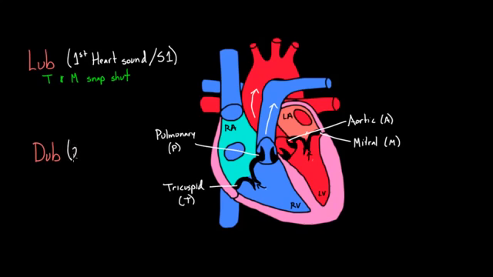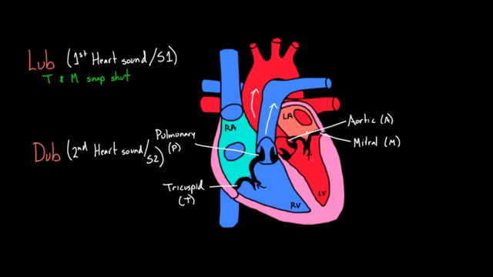And this dub is called the second heart sound. And no surprise, just as before, if that's S1, this is S2. So you'll hear S1 when the tricuspid and mitral valves snap shut. So far, so good.